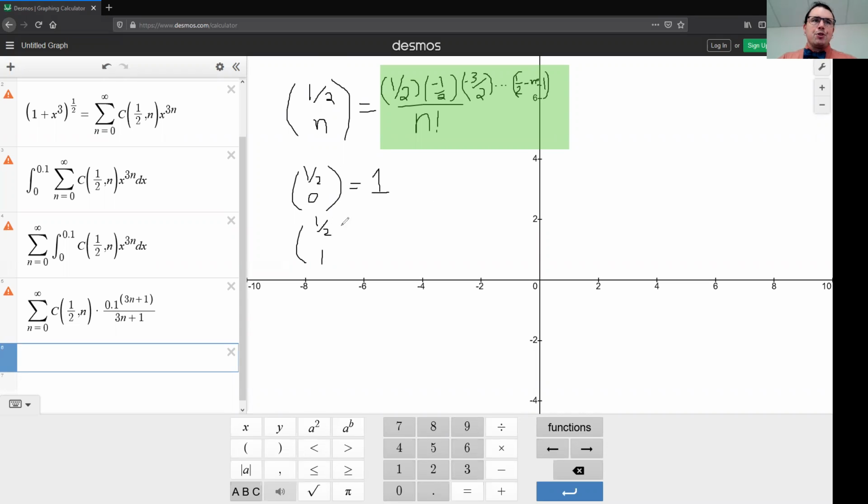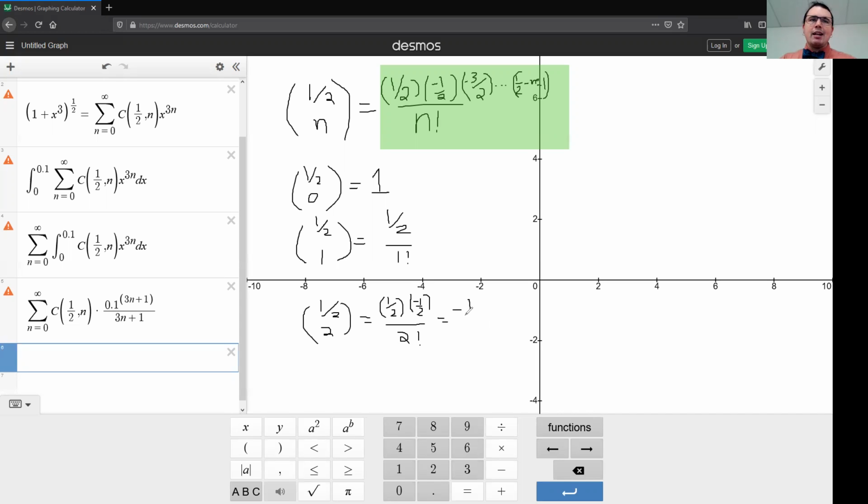If n equals 1, then my numerator will be 1/2, my denominator will be 1 factorial. And what's going to happen is that as my n gets bigger, I'm multiplying by more of these fractions on the numerator. But more to the point, those fractions are each going to be negative numbers. So my number 2 binomial coefficient is going to be negative.